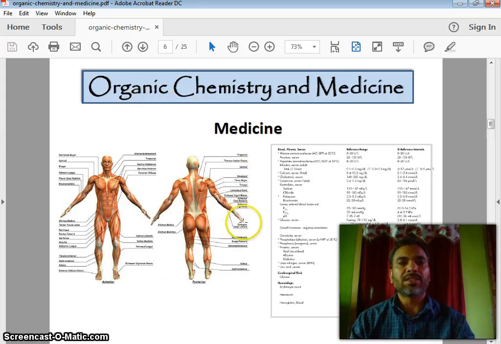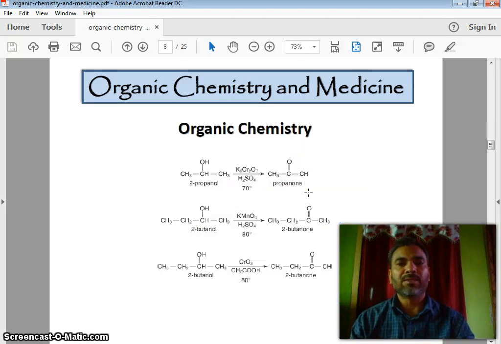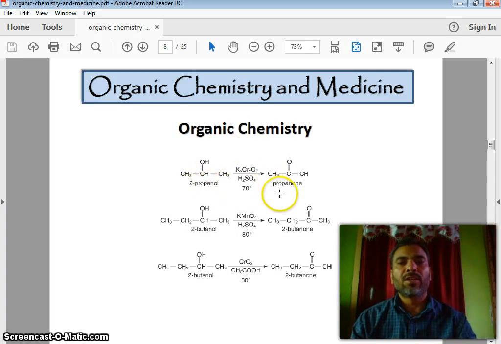This is the medicine. You see some complex medical issue. You see biology is associated with medicine. Too much pathway. Now organic chemistry. If you see, 2-propanol gives propanone by oxidation.